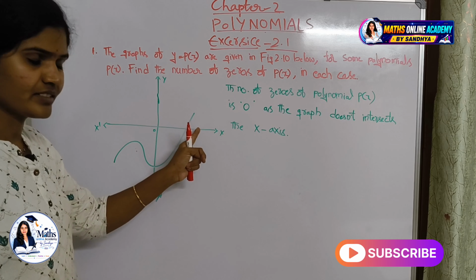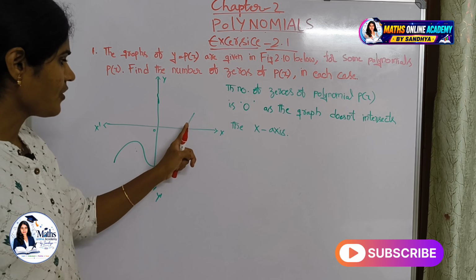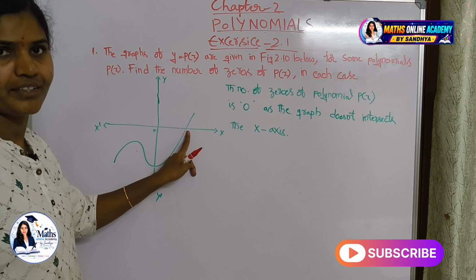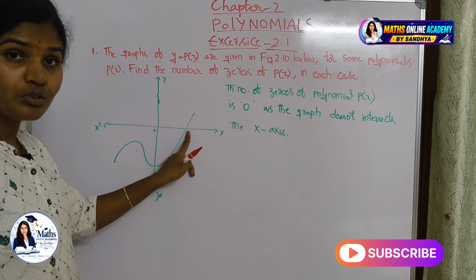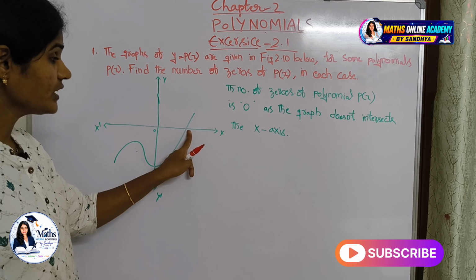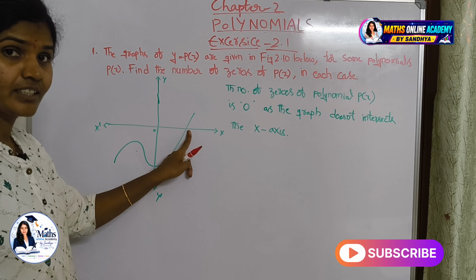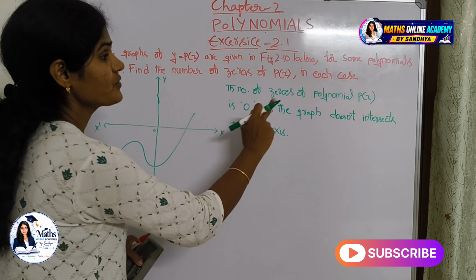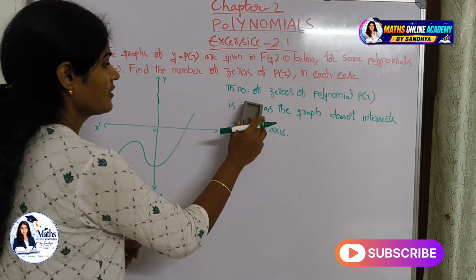This is the x-axis. This graph is intersecting at only one point. So the number of zeros of the polynomial is 1.